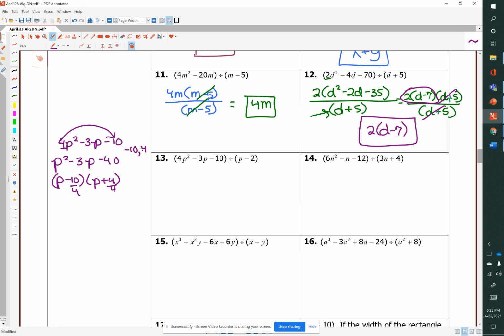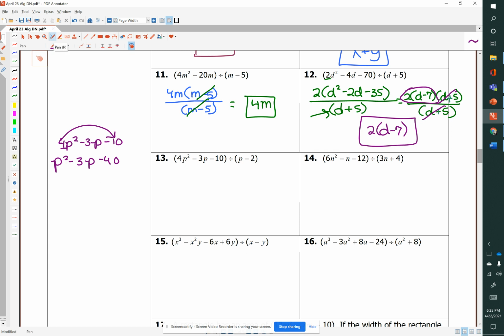So you know what, I think this is wrong, because they have to add to 3, so I'm going to change my numbers. 4 times 10 is 40. So I think we're going to go with 8 and 5. That's what we need, 8 and 5.